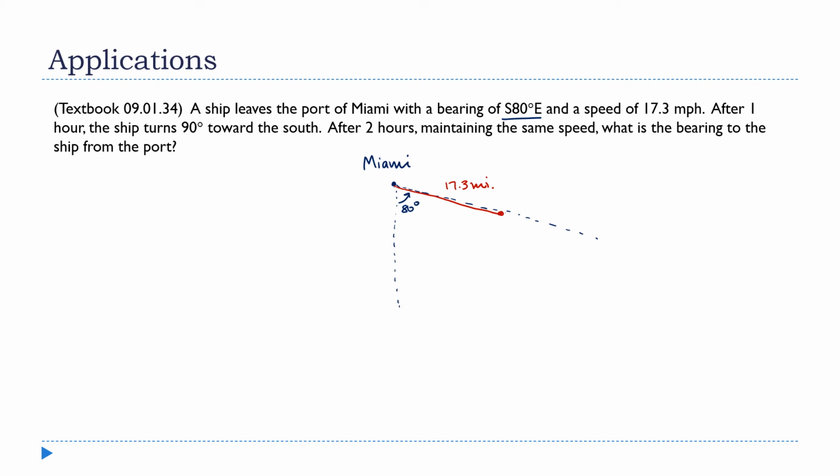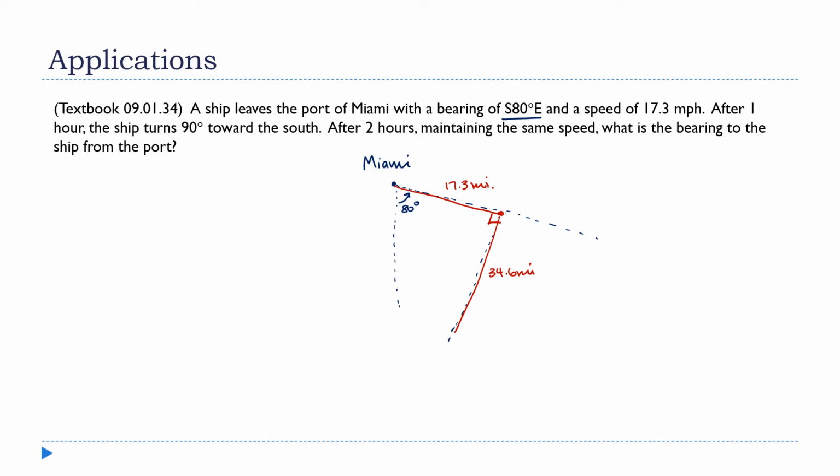He turns south. He makes a 90-degree turn. So now he's going this way, and he proceeds at the same speed for 2 hours. Well, that means he's gone twice that distance, 34.6 miles, and that's a right angle.